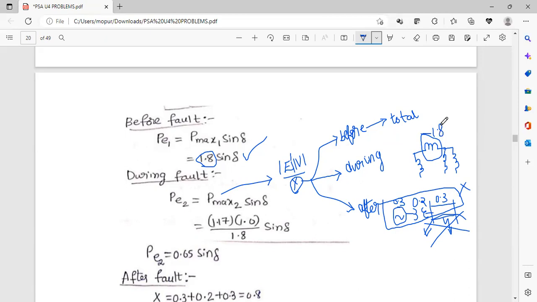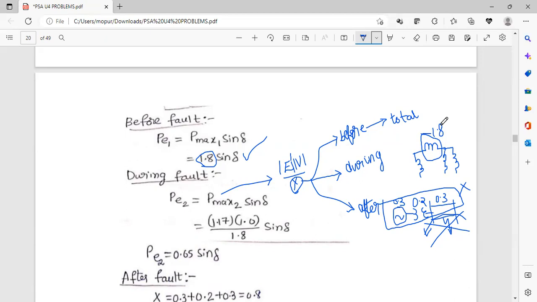This is very important. If there is a fault only at the sending end, you can do the before fault case alone, and use the formula del max is equal to pi minus del naught, and you can find cos del C and TC. If the fault is in the middle of the transmission line, you should have 3 cases: before fault, during fault, and after fault.